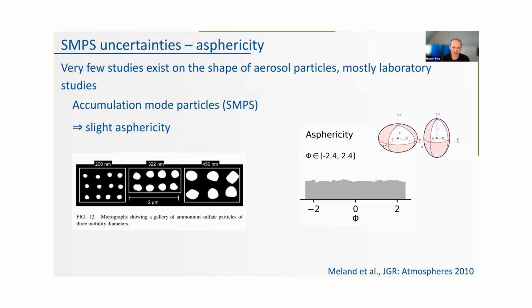And as you can see here on the left, they can have quite a lot of different shapes, and they estimate the asphericity, the particle shape factor, to vary between -2.4 and 2.4, which corresponds roughly with a ratio of 1 to 3. They also found that the distribution is not a normal distribution, but rather resembled a uniform distribution.